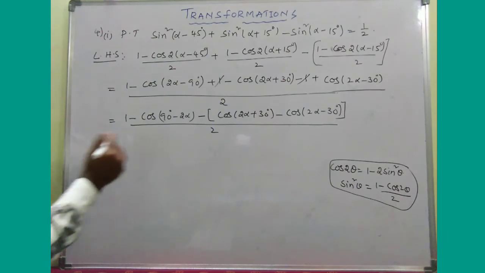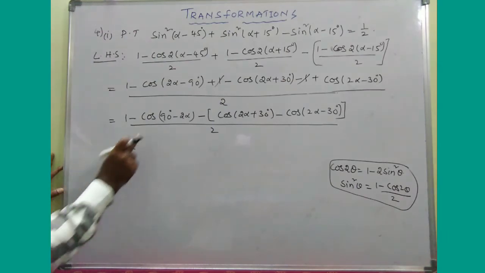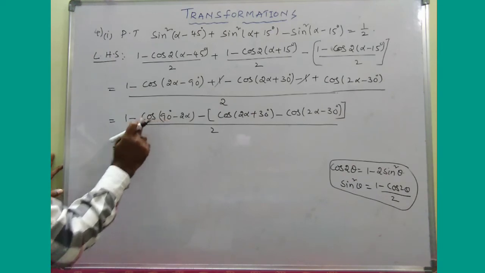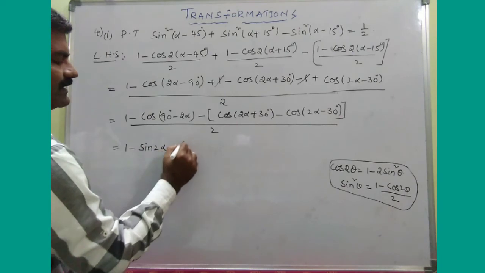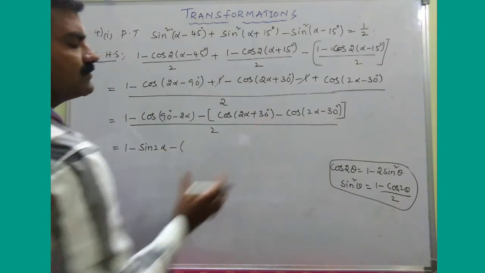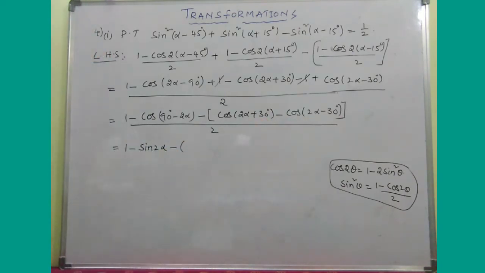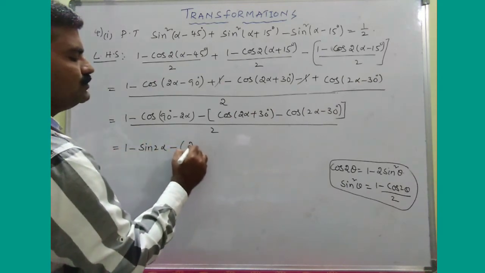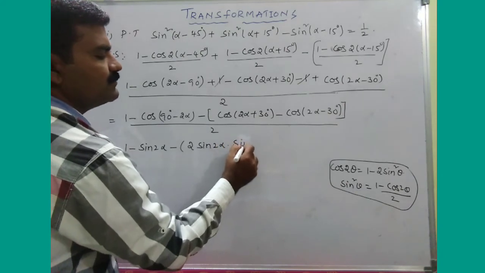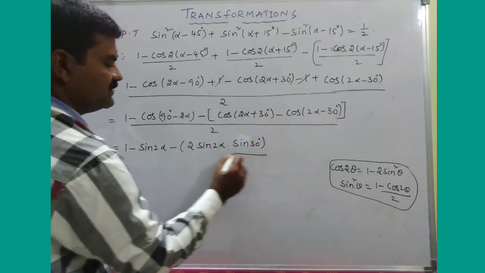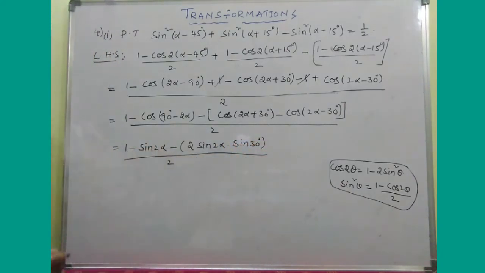Now this is equal to 1 minus sine 2 alpha, because of 90 cos changes into sine, minus of, look at this bracket, this is just like cos of a plus b minus cos of a minus b, which is minus 2 sine a sine b, so 2 sine 2 alpha into sine 30 degrees, whole divided by 2.